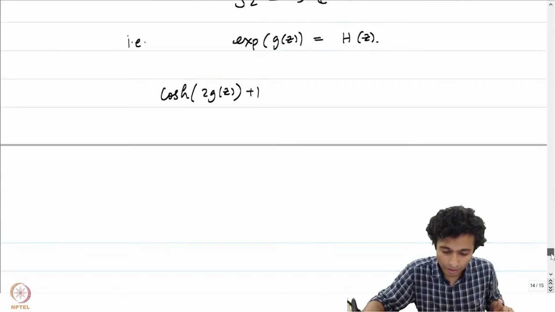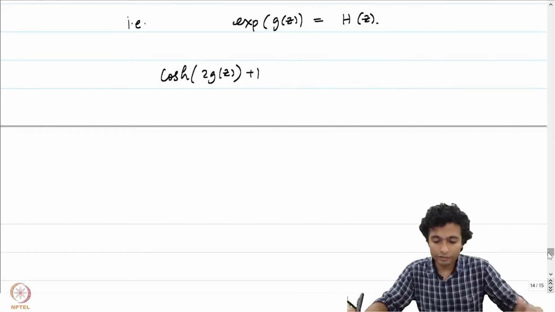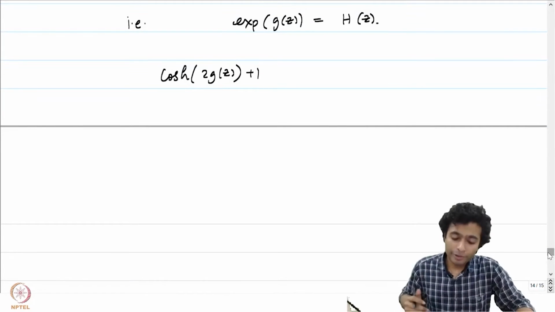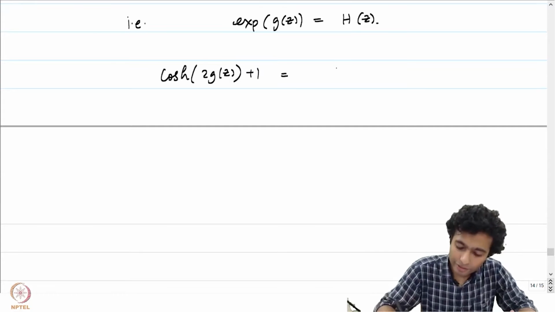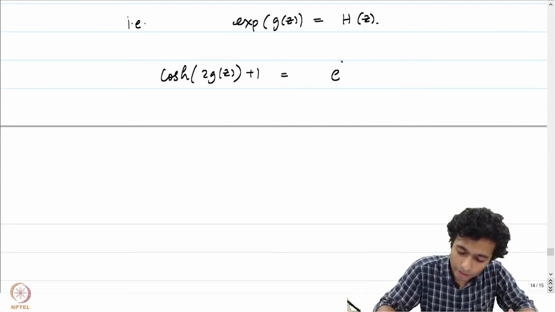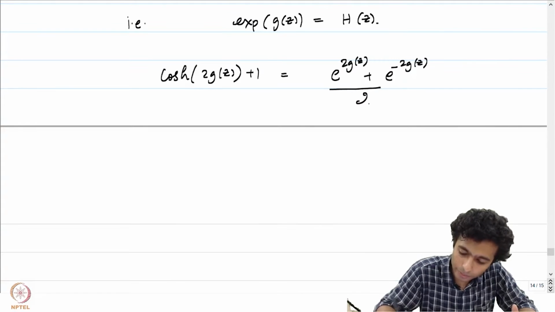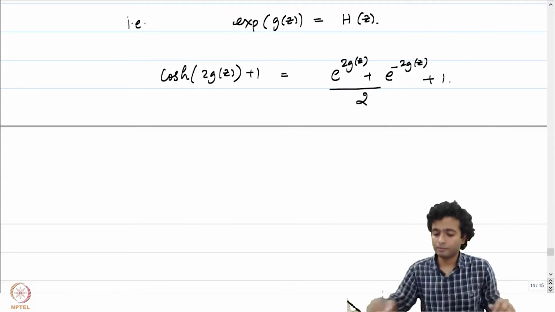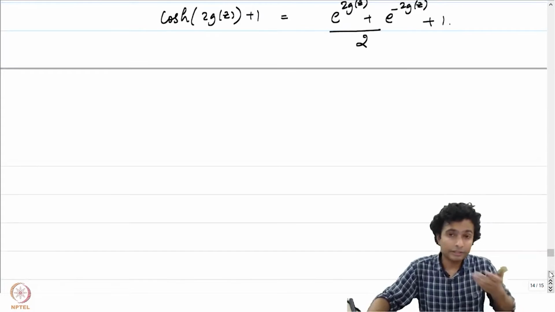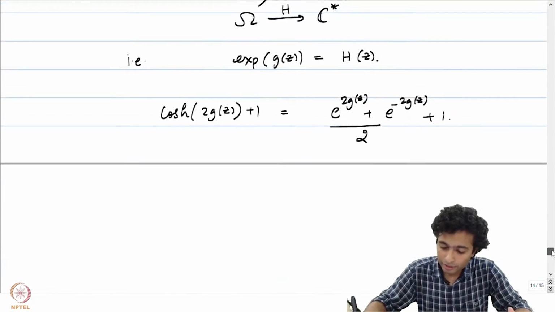So let's look at cosh of 2g of z plus 1. What is this going to be equal to? By very definition, this is going to be equal to e to the power 2g of z plus e to the power minus 2g of z, by 2, plus 1. That's the very definition of cosh, right?